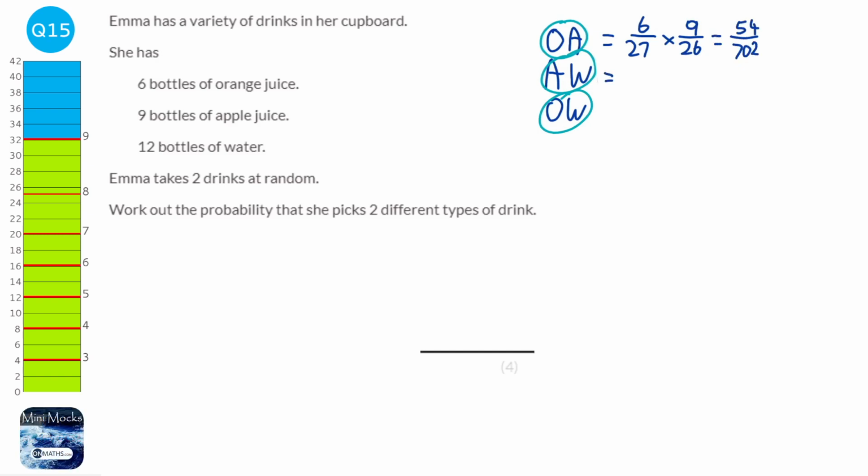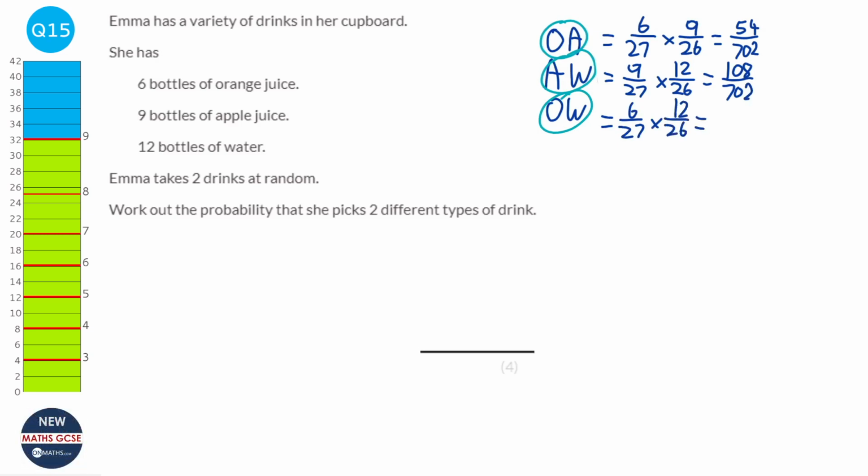Apple juice then water would be 9 over 27, and then 12 over 26, and so that would be 108 over 702. And then orange juice then water will be 6 over 27, and 12 over 26, and that would be 72 over 702.